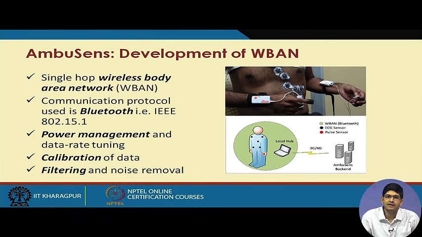Now, the challenges that we faced in the aggregation layer include power management, data rate tuning and noise. Data rate tuning is a challenge because it is often related to power management, for example, and also data fidelity. For example, when dealing with electrocardiogram or ECG data, we found that a minimum sampling rate of 1024 hertz was needed to preserve the fidelity of the ECG data.